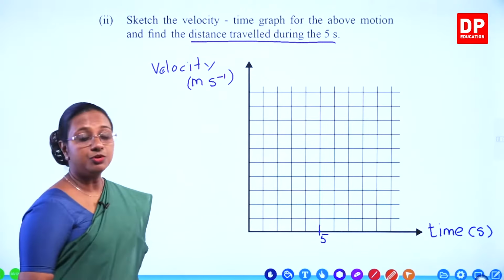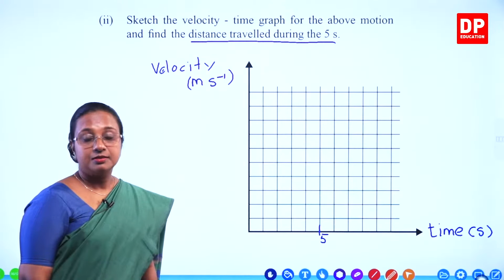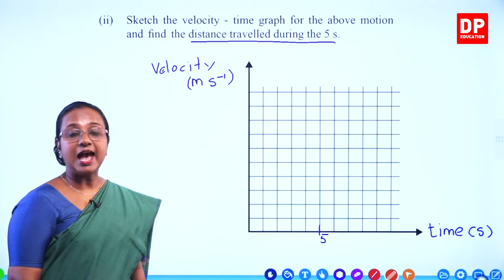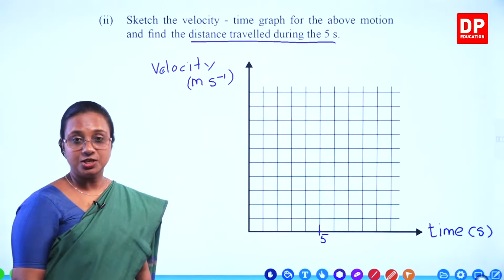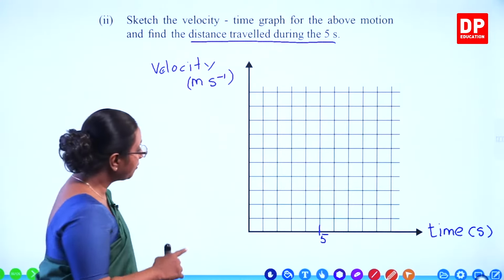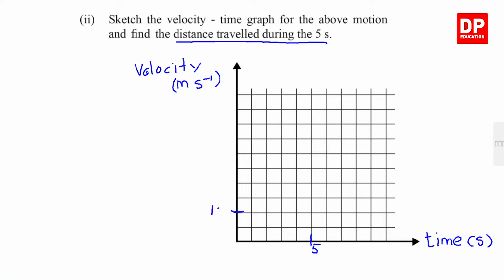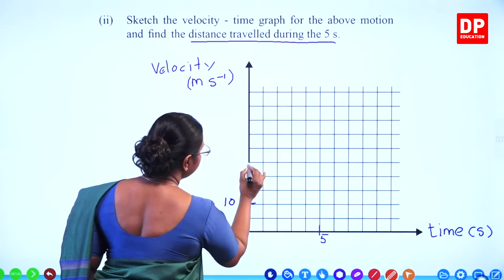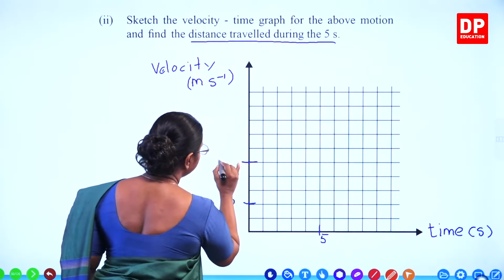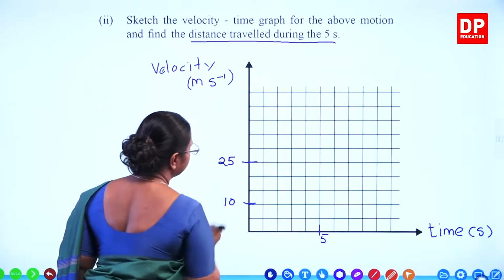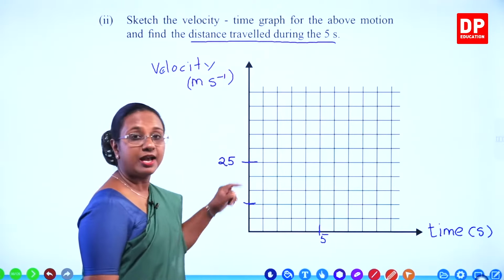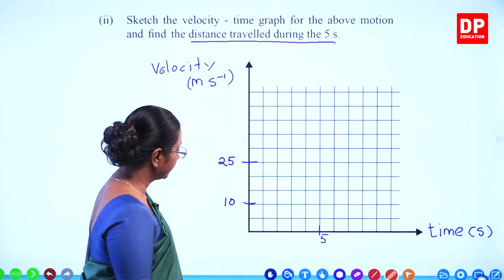And you know the initial velocity and the final velocity of the object. The object starts at 10 meters per second. That is this point. Then it reaches a velocity of 25 meters per second. So, I have marked the two values here.